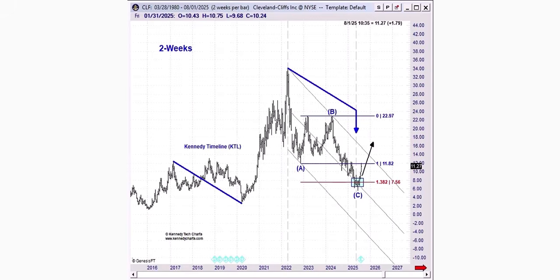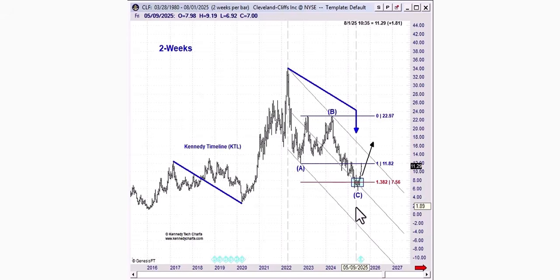Well, we did the same technique again by looking at Cleveland Cliffs. All we did was draw the KTL from the high in 2017 to the low in 2020, and projected the duration going back to 2022. And so that said, okay, somewhere at or near May 25th, we ought to be looking for a low in Cleveland Cliffs.